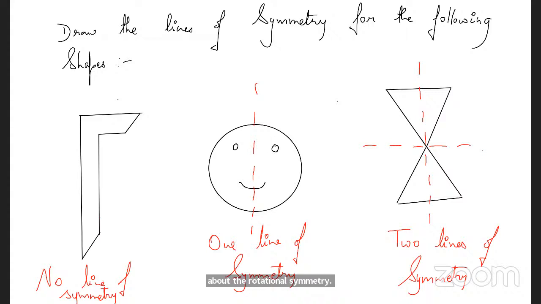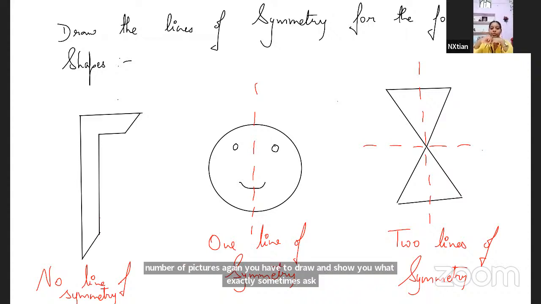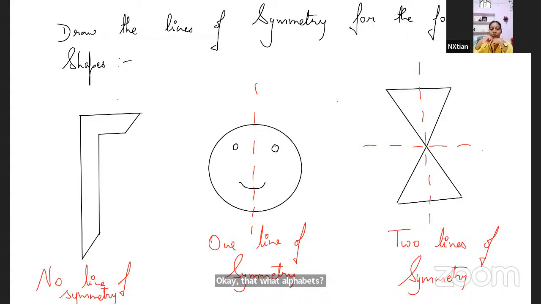Also, like we saw questions based on how many lines there are, you have to tell. Then figures are given, you have to draw and show. Sometimes you are directly asked what alphabets show the line of symmetry. Can you write some alphabets that do not have lines of symmetry?